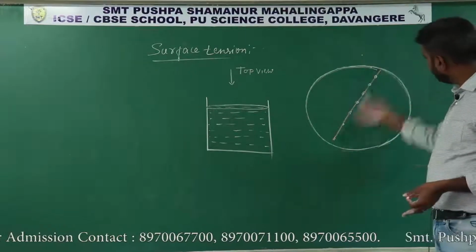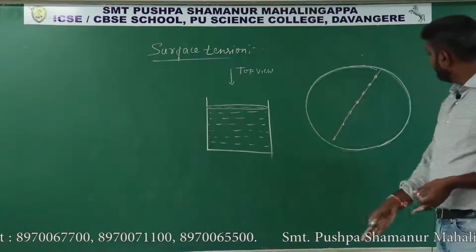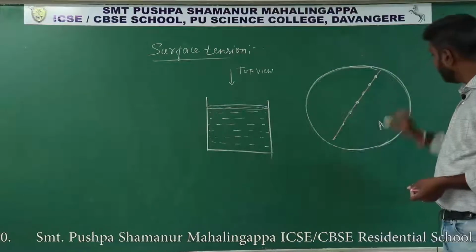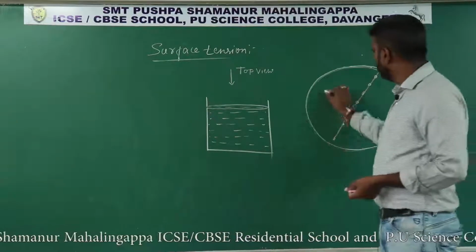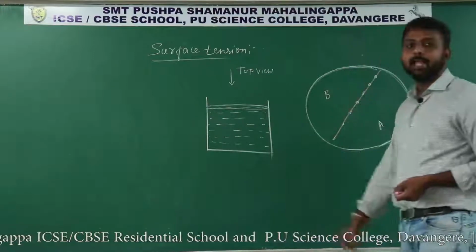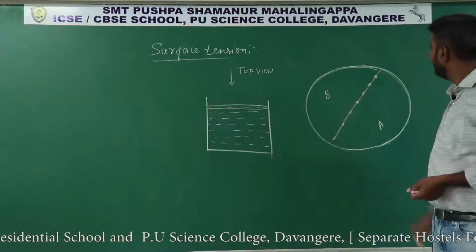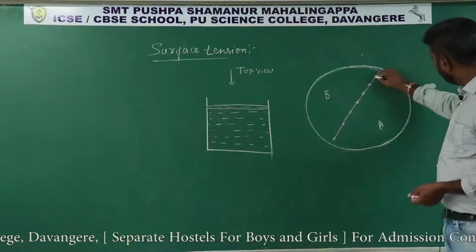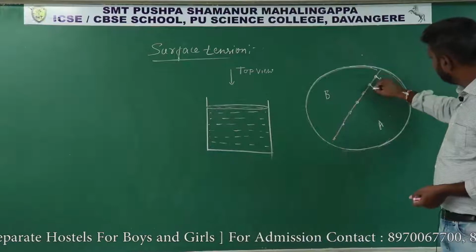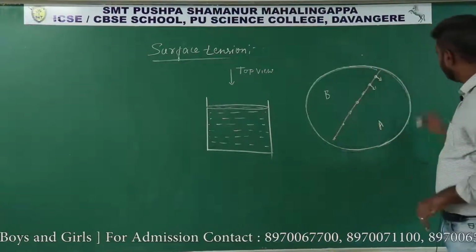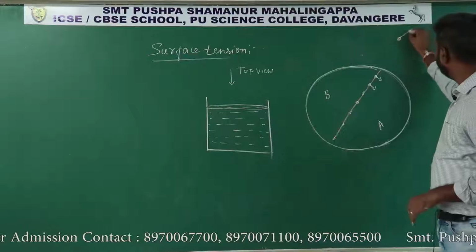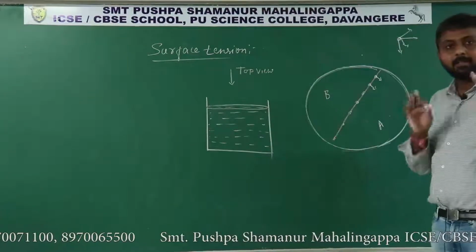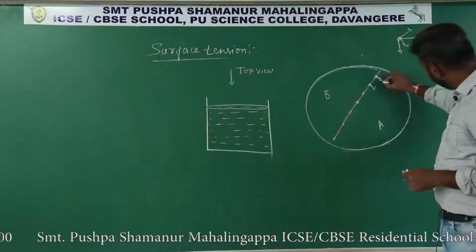How the force will act on these molecules: we have drawn this imaginary line, right? This part let us consider as A. This part let us consider as B. Then the molecules on the A side will apply force on these molecules in all directions. So in all directions it will apply force, but the resultant force will act in this direction.